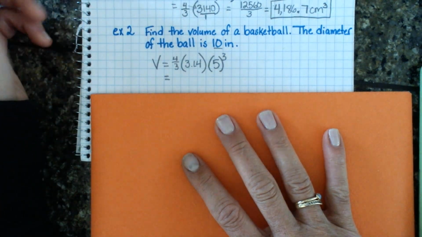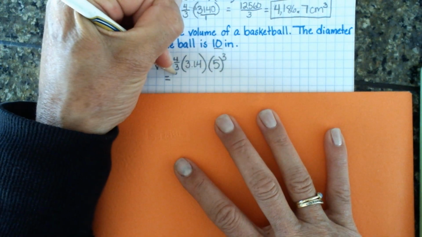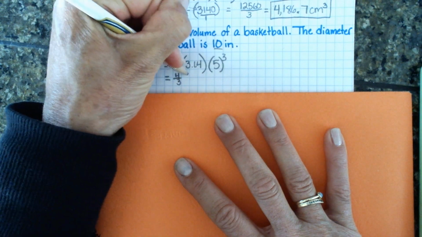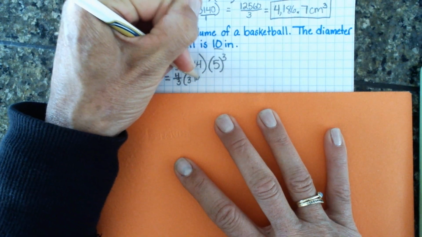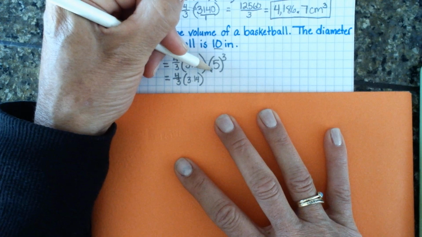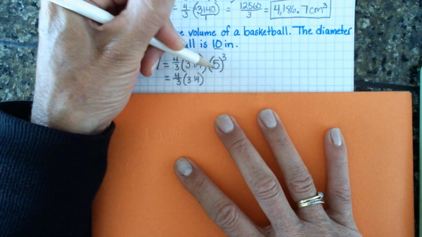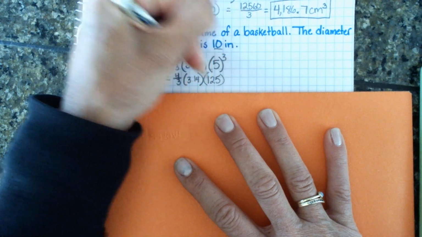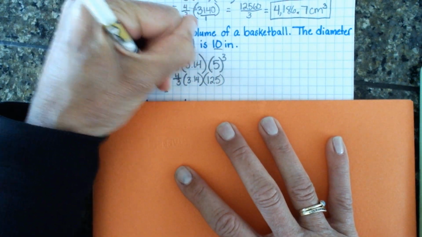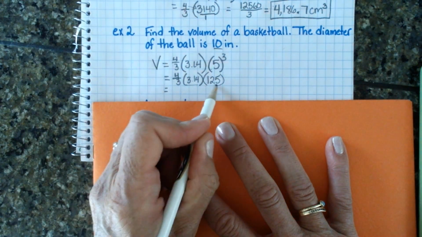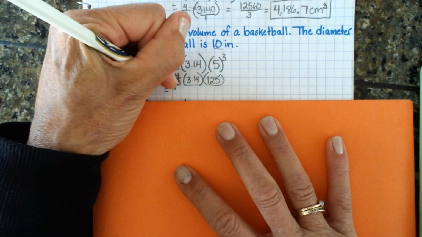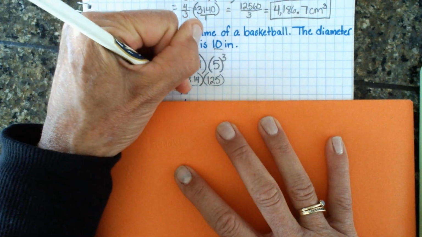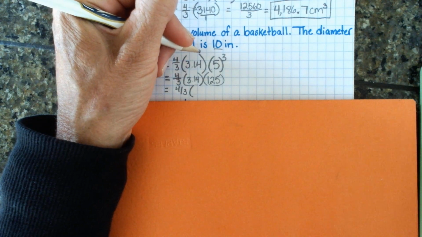Okay, let's go ahead and simplify using order of operations, doing our exponents first. Okay, 5 cubed. 5 times 5 is 25. Times 5 again is 125. Now I'm going to use my calculator to help me multiply 3.14 times 125.